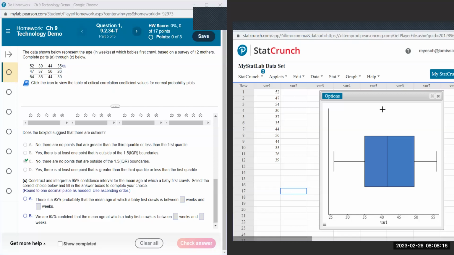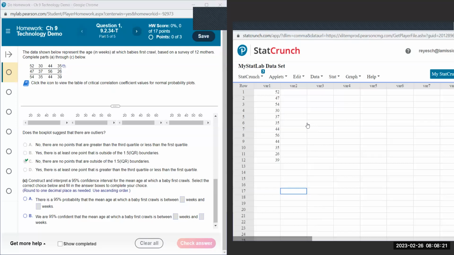We could find the average of age here, but that's the average for these 12 babies. Does that represent the average of all babies? No, but using that average, if we're doing things correctly, we can use it to estimate a little interval or window in which the true average age would be.